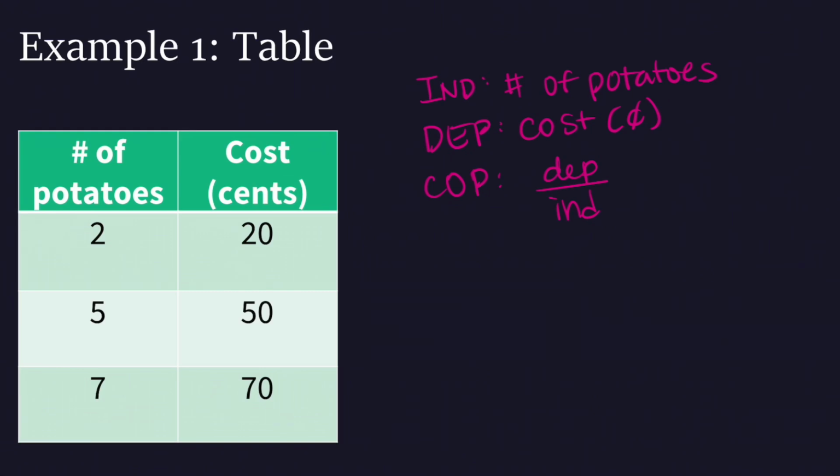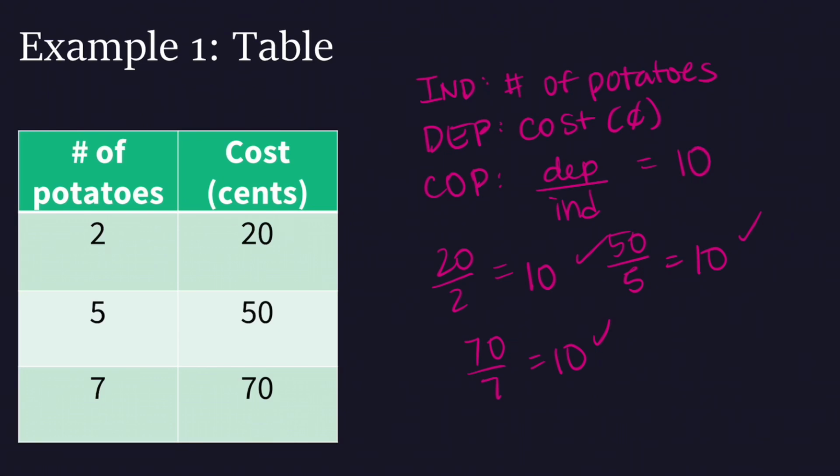And just to make it simple, I'm just going to tell you right now, all of these examples are already proportional. If you don't know if they're proportional, you would have to test them a couple times. So you would have to do 20 divided by 2 and 50 divided by 5 and 70 divided by 7. In this case, we can obviously tell that yes, it is proportional because 20 divided by 2 is 10, 50 divided by 5 is 10, and 70 divided by 7 is also 10. So all of these are the same constant of proportionality.